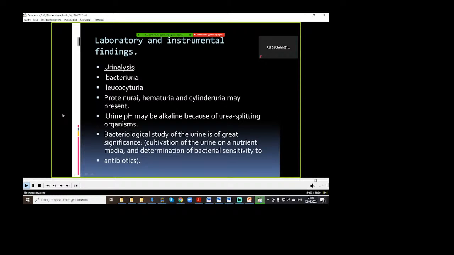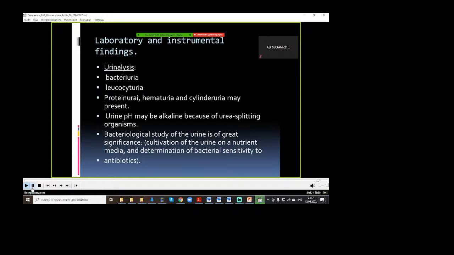Laboratory and instrumental findings in case of pyelonephritis. First, we need urinalysis. In urinalysis, we may detect bacteriuria, the presence of bacteria in urine, leukocyturia, an increased level of leukocytes in urine, proteinuria, hematuria, and cylindruria.